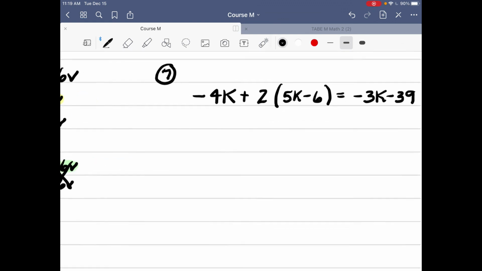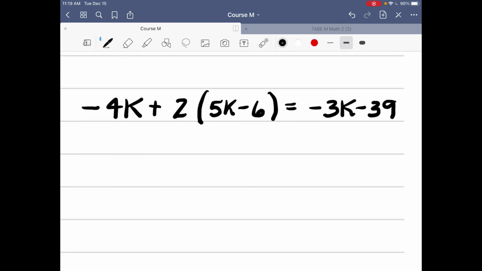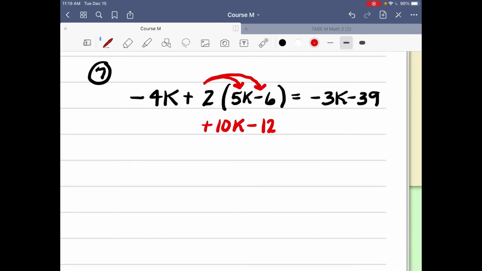I would not draw the power T until you get rid of the parentheses. So you have positive 2 times positive 5, that's positive 10k. Positive 2 times negative 6 is negative 12. So get your distribution done and copy everything that needs to come down.